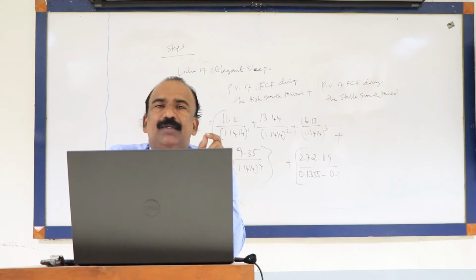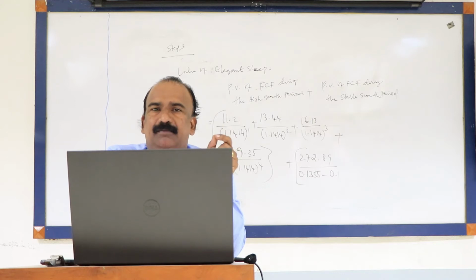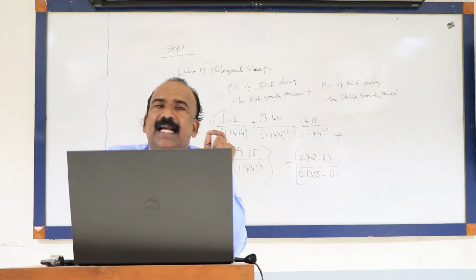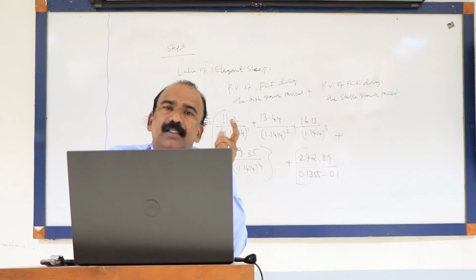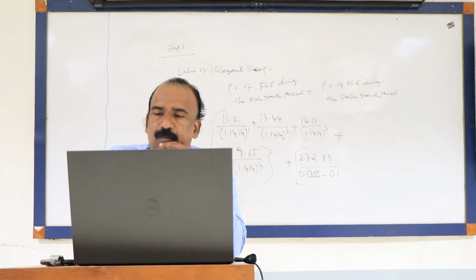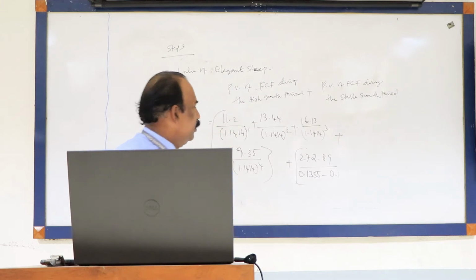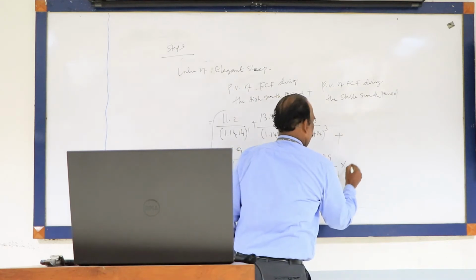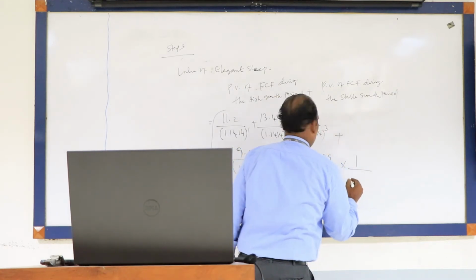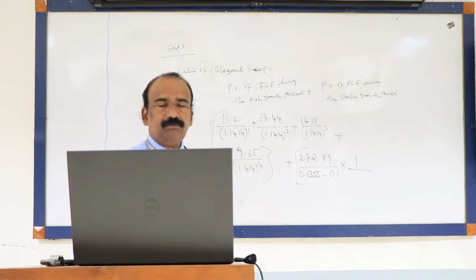So continuing value is the future cash flow for the high growth period, that is fifth year onwards, 272.89 divided by WACC minus G. That will give us the continuing value. Now we need to compute the present value of cash flow.